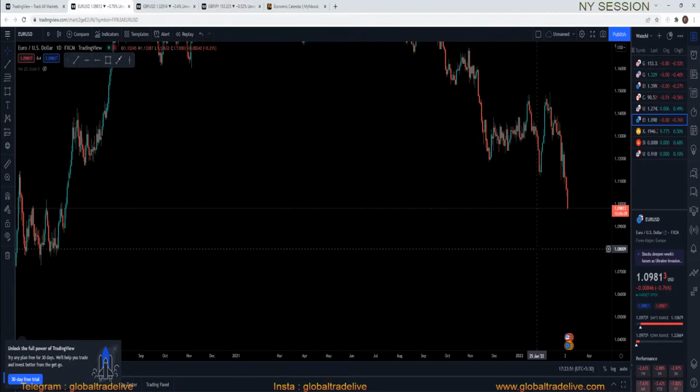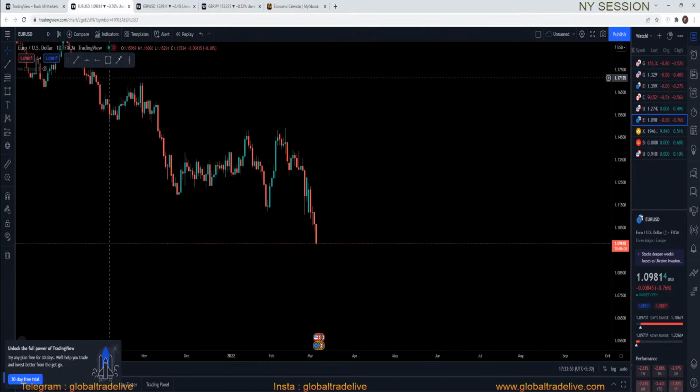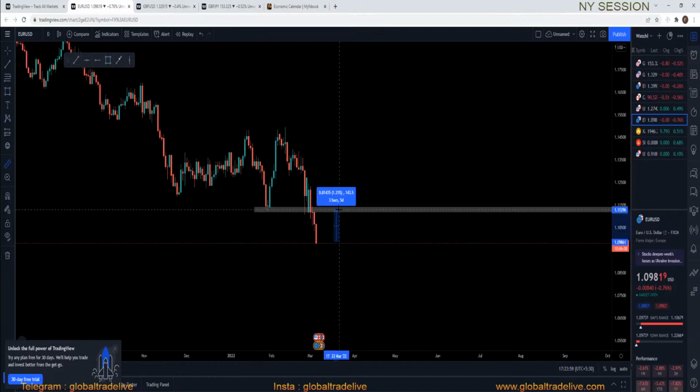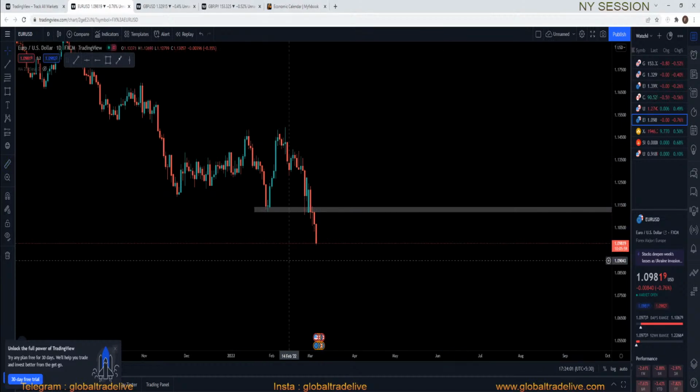Yeah, so if we talk about daily over here, then daily can go up to this level for some retracement. It can go up like 100 pips for retracement.